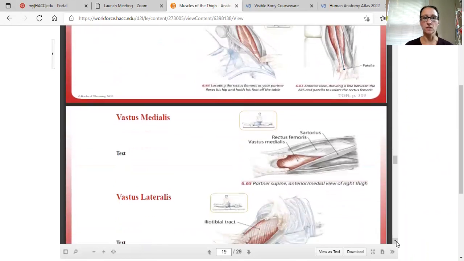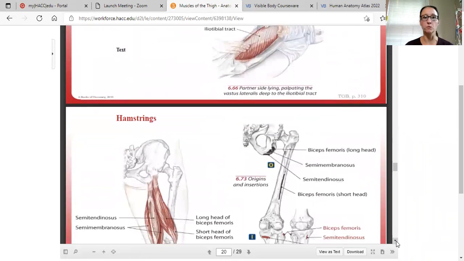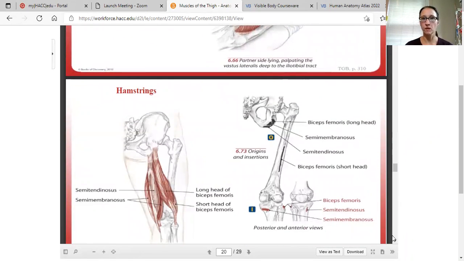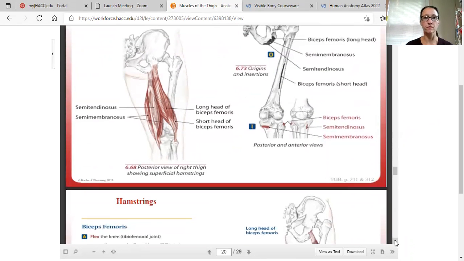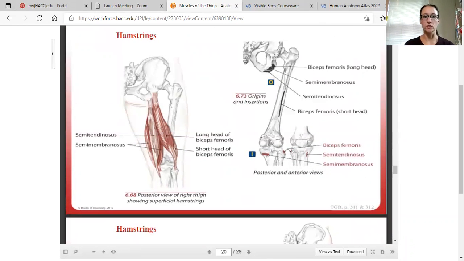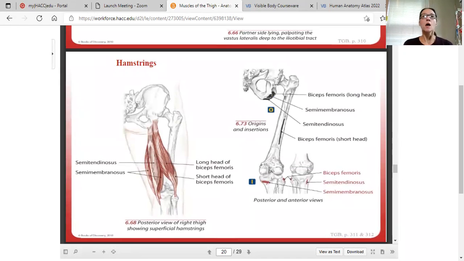And as I had mentioned in the previous video, the hamstring group is on the posterior femur here. Okay, posterior femur. However, the hamstrings are actually a lot smaller than most people think they are.